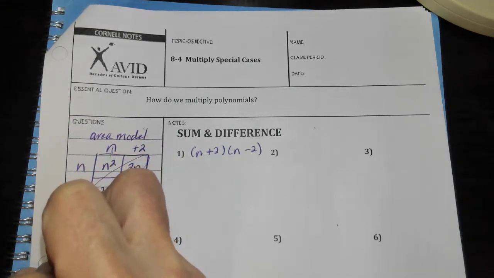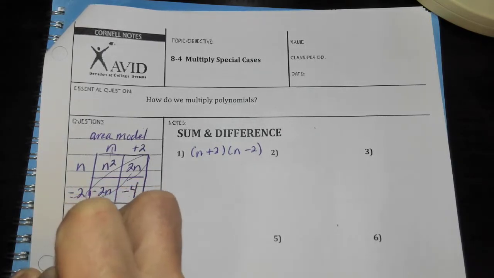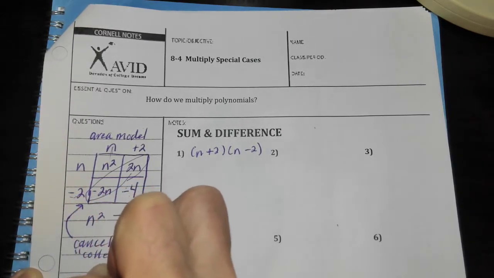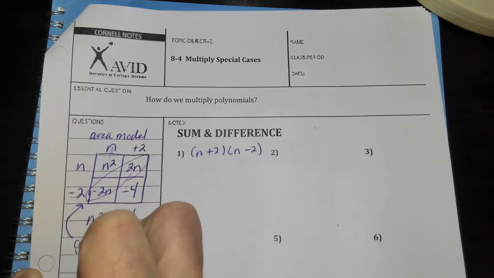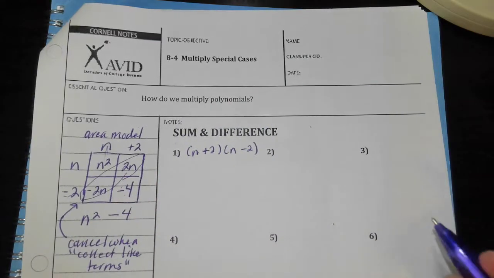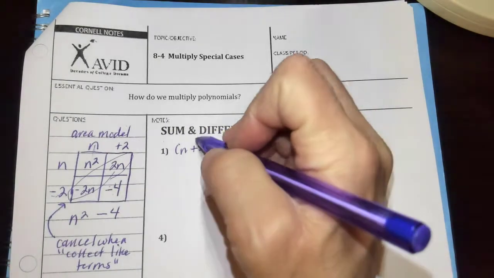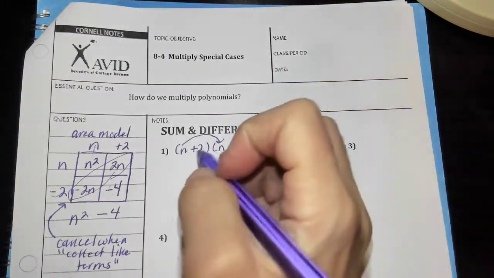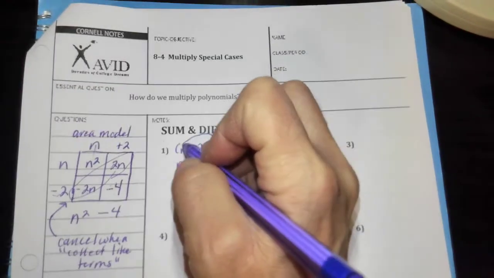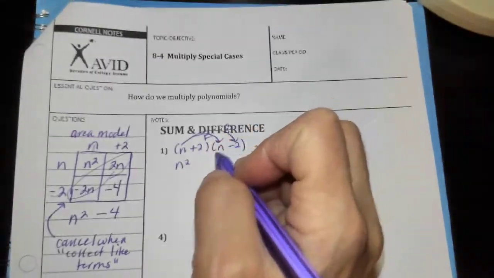They cancel when you collect like terms. Kind of the bonus of having a sum and a difference. If you want to do it by the FOIL method, remember we take first times first, so that is your n squared. Then we do the outside, that's the O part of FOIL.